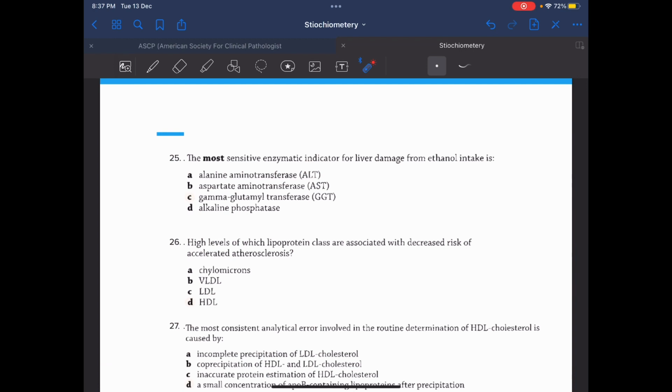Question 25. The most sensitive enzymatic indicator for liver damage from ethanol intake is ALT, AST, GGT, alkaline phosphatase. The correct answer is GGT, which is specific for ethanol intake.